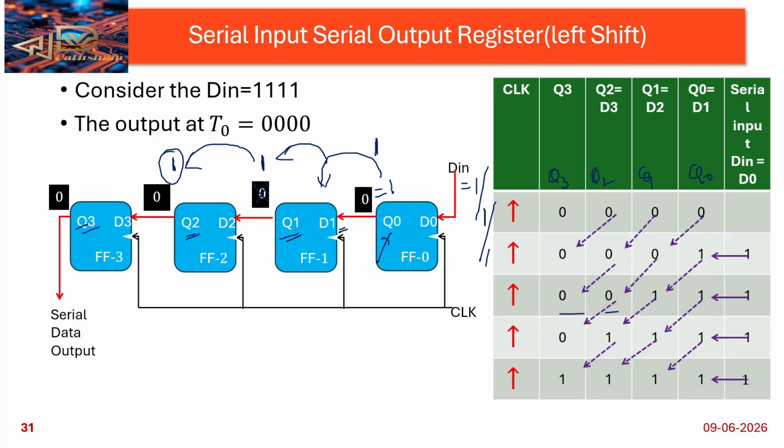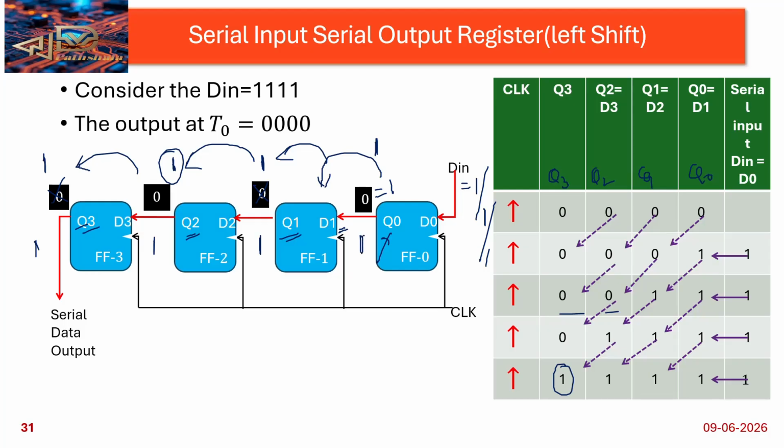Up to these three clock cycles are required here, and then on the fourth clock cycle all the data will be loaded. Then Q2 output is moved to Q3. So then I have all ones in this 4-bit register.